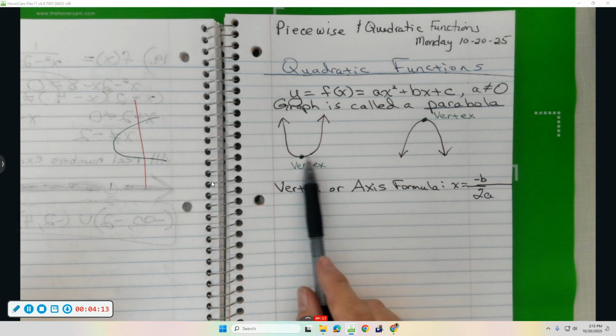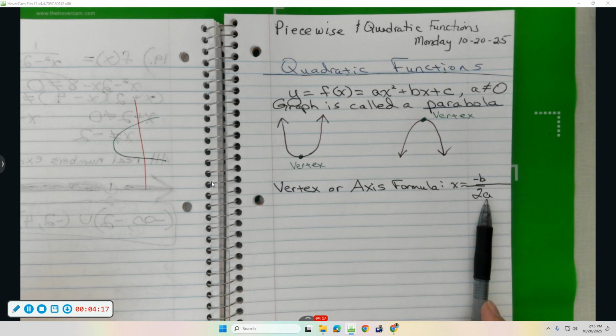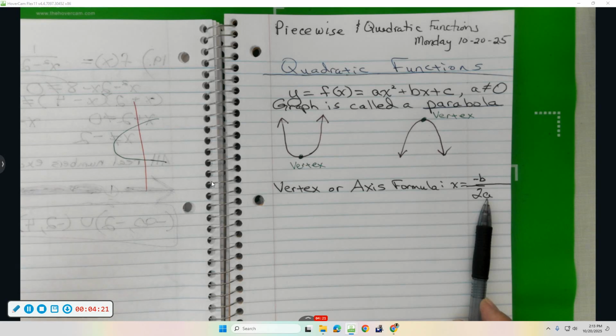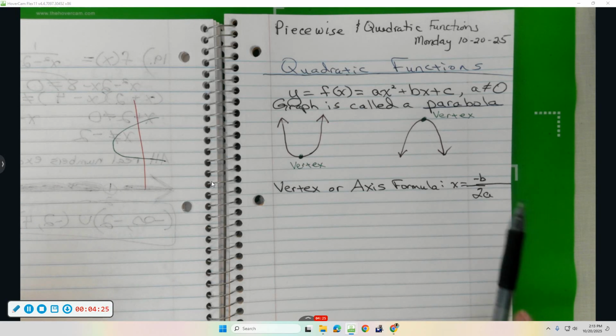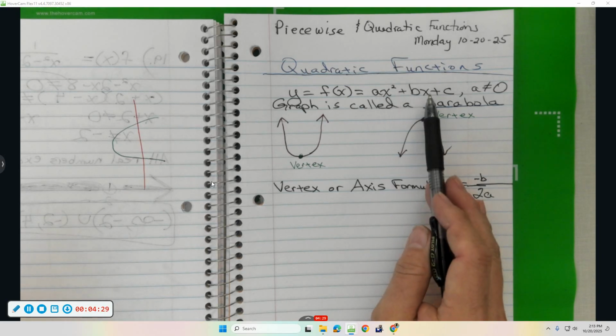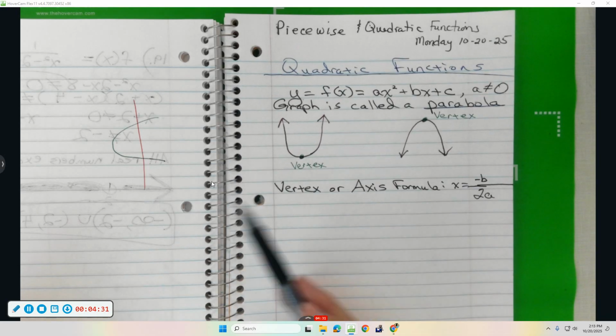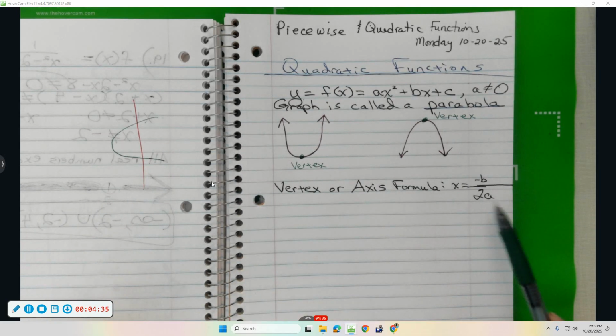So to determine the location of the vertex, we have this formula that will give us the x value, and then to find the y value, if you know the x value, how do you find the y value? If I said x is 3, you plug in 3 for x to find the y value. So to find the y value, just plug in that number you get using the vertex formula.